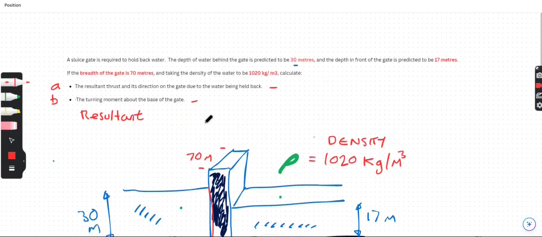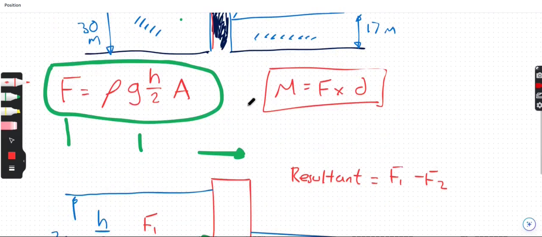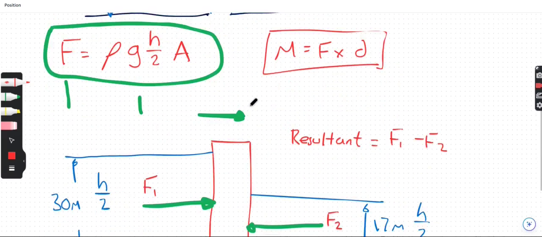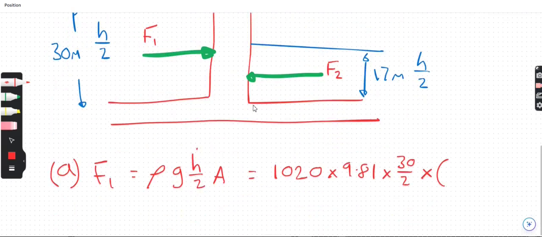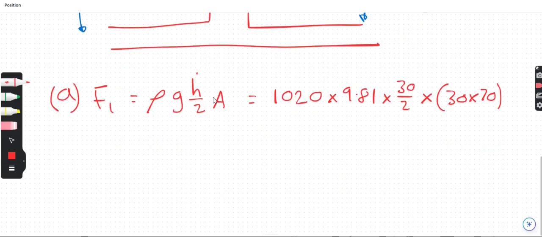So it's 30 times 70. That's going to give you a number. Density, gravity, height divided by 2 times the area. That's going to give me a big number.